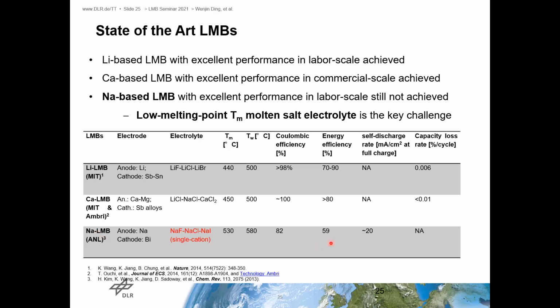As shown here, these two have good battery performance, but for the sodium liquid metal battery, because they use sodium salt mixtures, the melting temperature cannot be below 500 degrees C, and the working temperature is about 600 degrees C. At such high temperatures, sodium metal solubility becomes a problem, the self-discharge rate will be higher, and there are also many problems like corrosion.